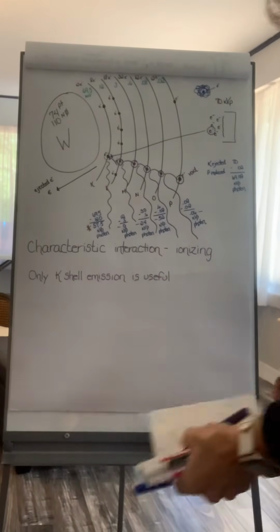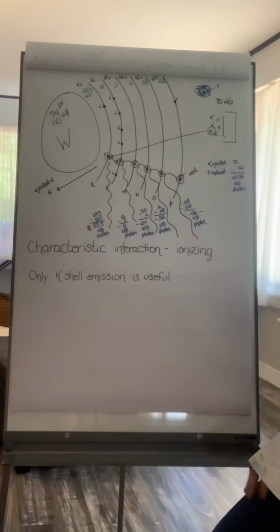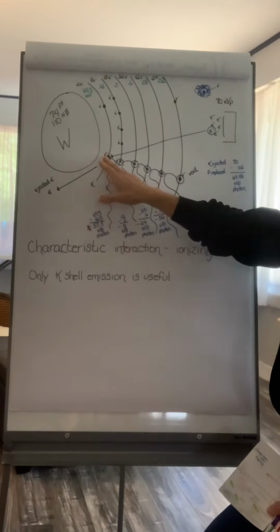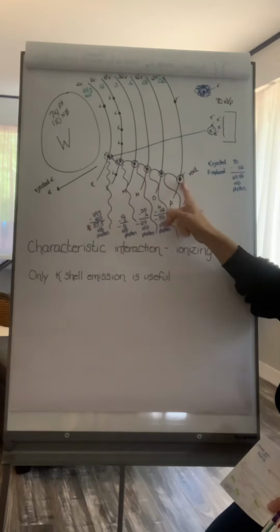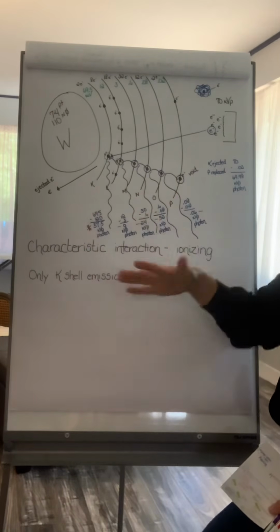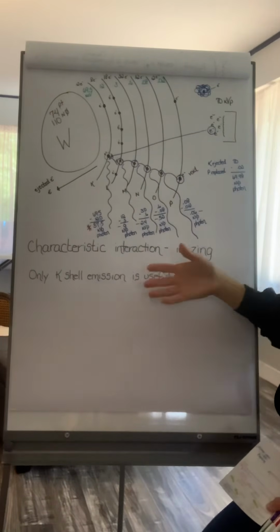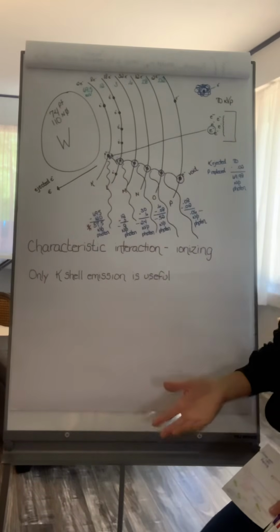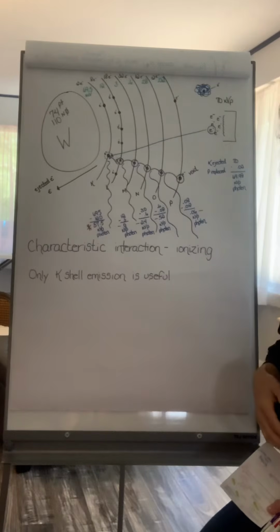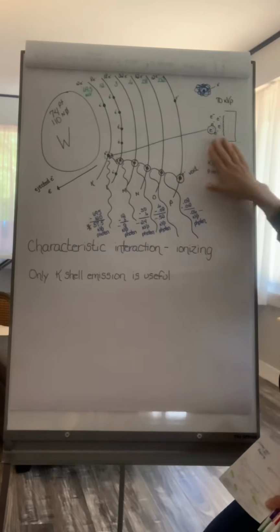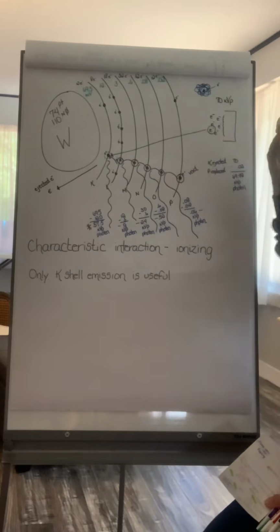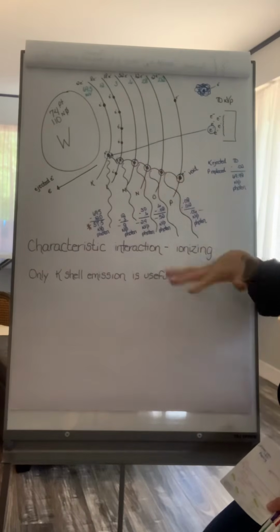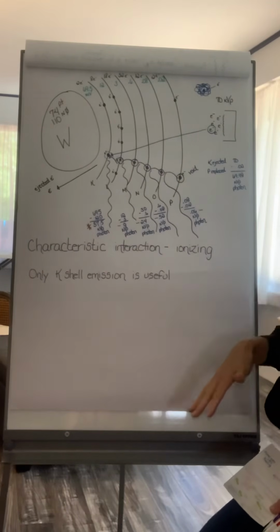you can see that. So just to reiterate, if K shell gets knocked out, any other shell level that replaces that is going to be useful. It's going to make it as a photon in the primary beam. If any other shell level, will the other shell levels get knocked out? Absolutely. Because remember, millions of billions of electrons bombarding this target, all interacting at the same time within milliseconds.